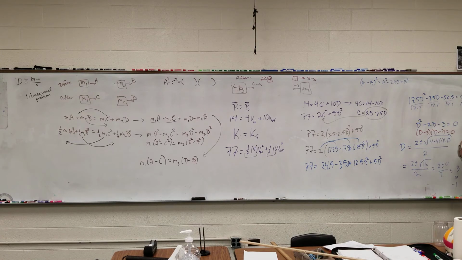So, I realize some people are writing down, but over here, when I took this d squared minus 2d minus 3 equals 0, and then I factored it into this, which of you look at that and go, I have no idea what you just did there? Or is this familiar to you? I'm not saying that you can do it in your sleep, but this is factoring the trinomial.